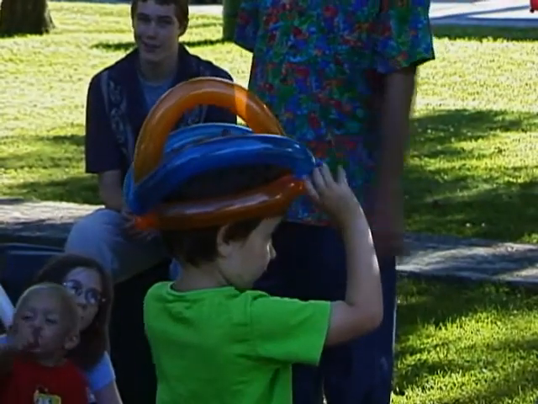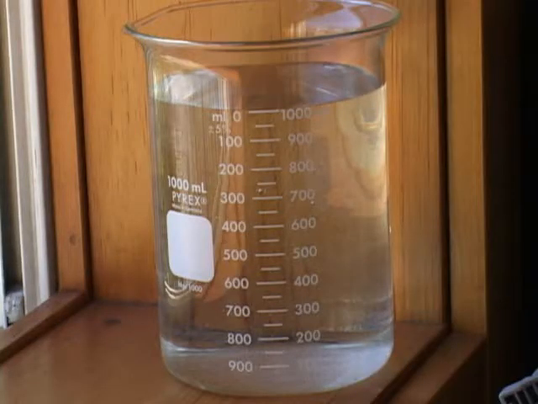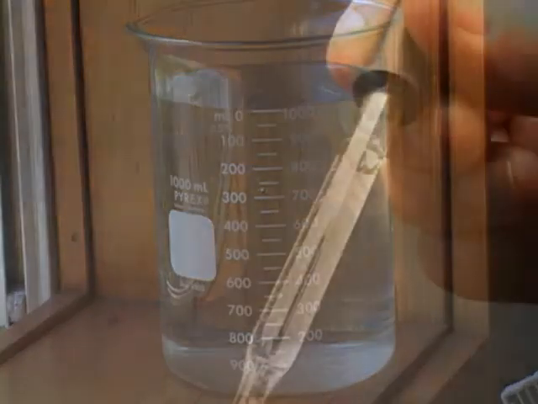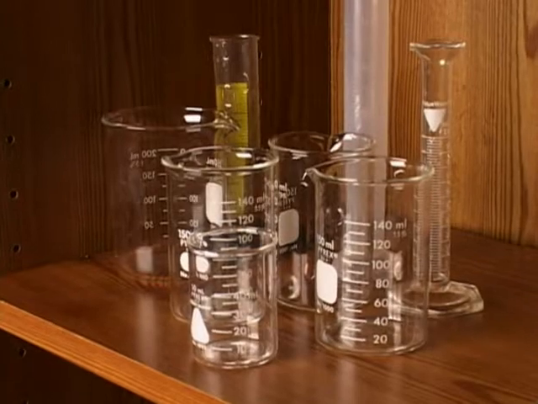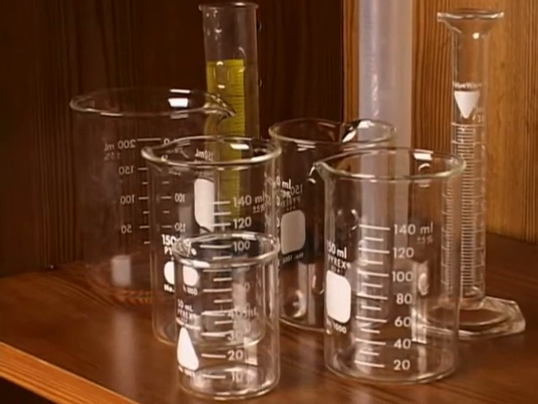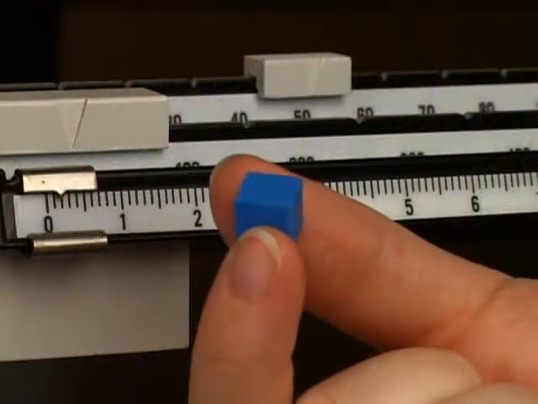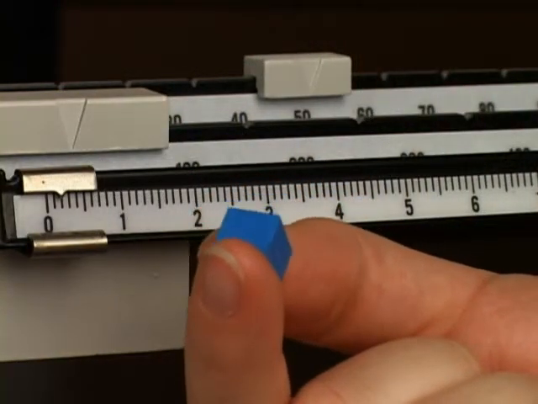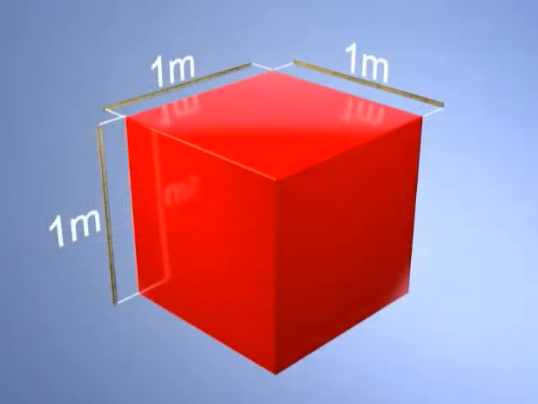Turning to volume, we discussed how everything we see has volume. In the metric system, liquid volume is measured in liters or milliliters. In the science lab, liquid volume can be measured using beakers or graduated cylinders. The volume of solids is measured in metric units of cubic centimeters or cubic meters.